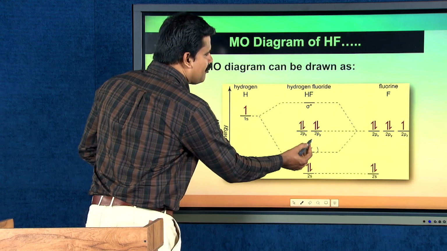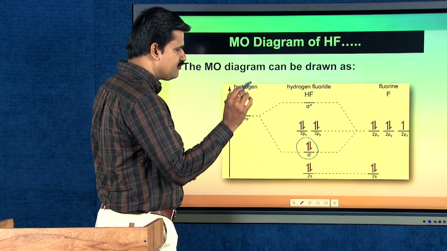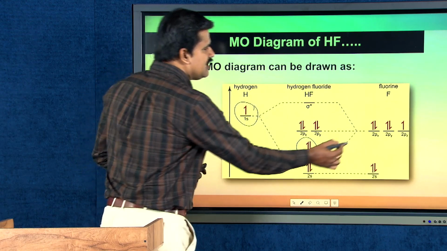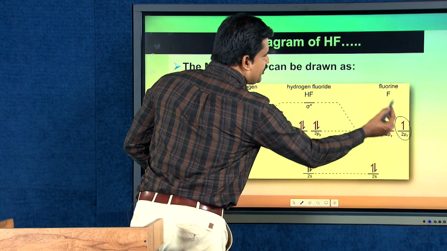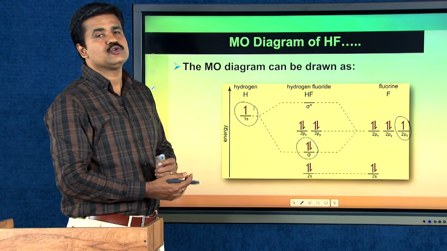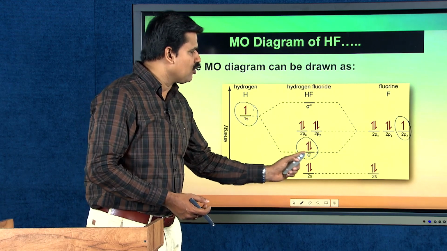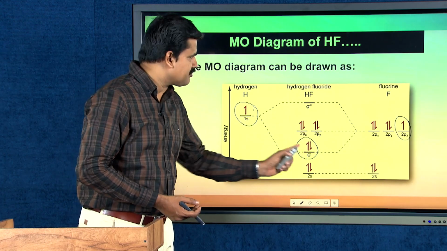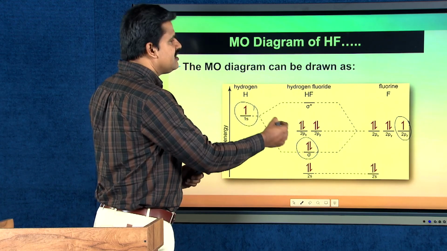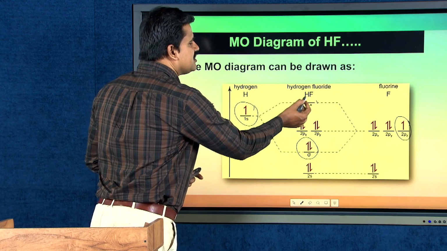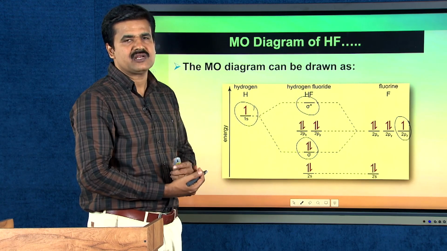This sigma bonding molecular orbital is formed by the overlapping of the 1s orbital of hydrogen with the half-filled 2pz orbital of the fluorine atom. The bonding molecular orbital is marked as sigma, and in a similar way the subtractive overlap leads to the sigma star antibonding molecular orbital.